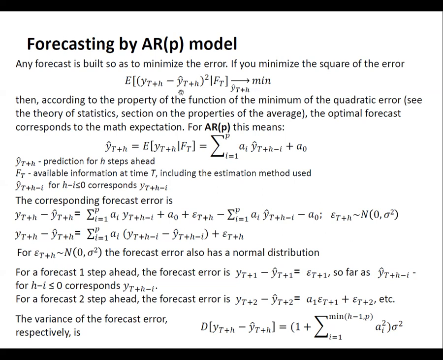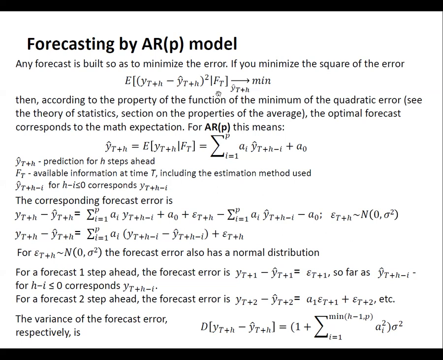But this y_{t+h} with a cap is the forecast obtained from the model for h steps ahead. This is the square of the deviation from the forecast, given some information that is available at time t, including the estimation methods used.